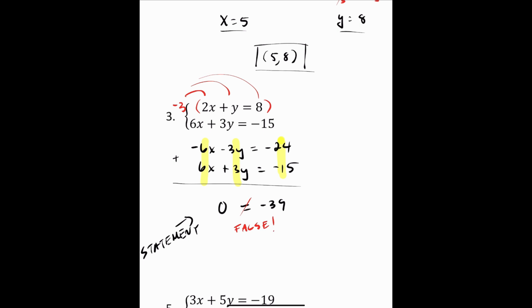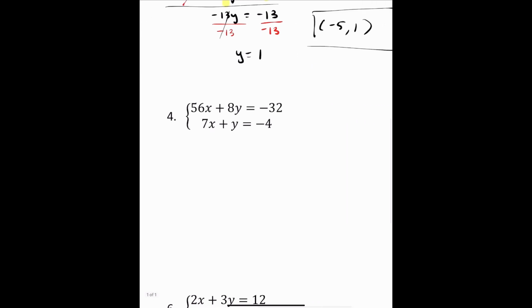So whenever we have a false statement, you need to make sure that you write these two words. No solution. No solution just means that no x and or y value will make both of these equations true at the same time.